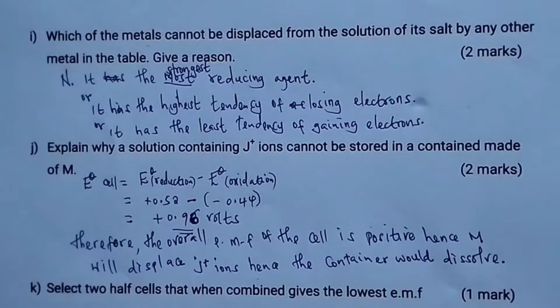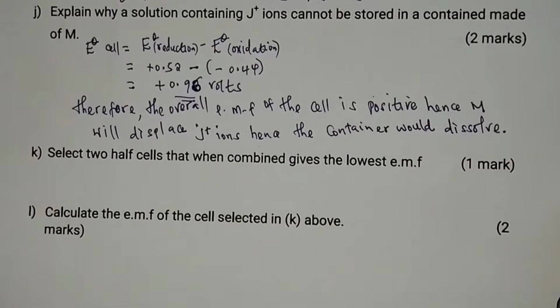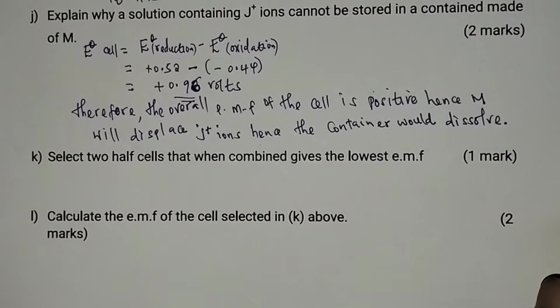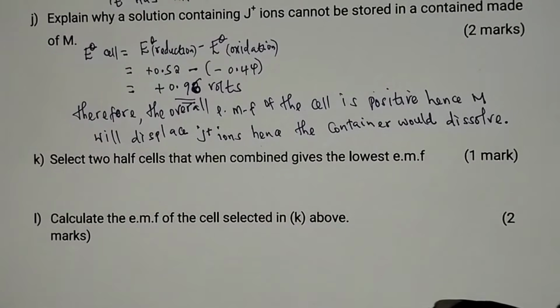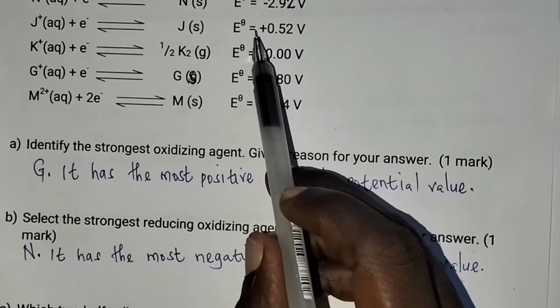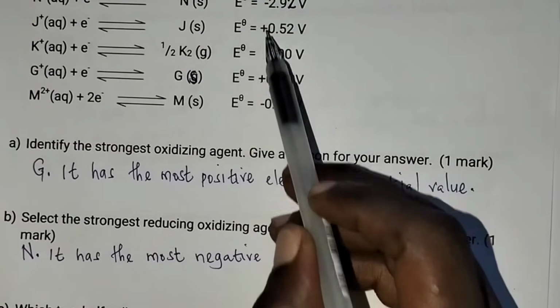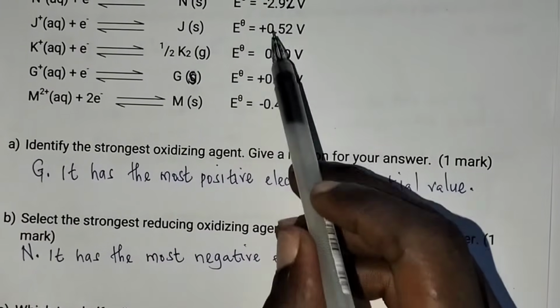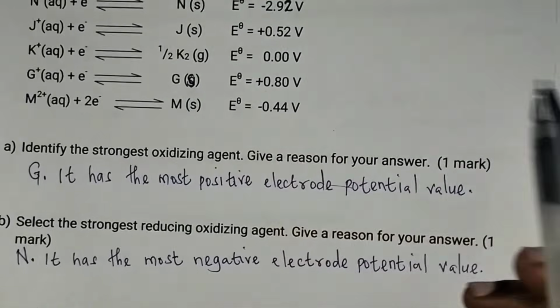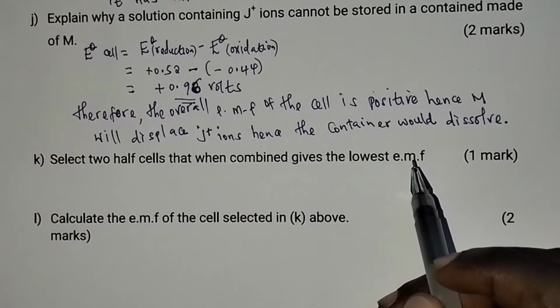So we go to K. In Roman K, we are told select two half cells that when combined give the lowest EMF. When we check, here we're having J and here we're having G. These two, when combined, will be giving us the lowest electrode potential, or the lowest EMF.